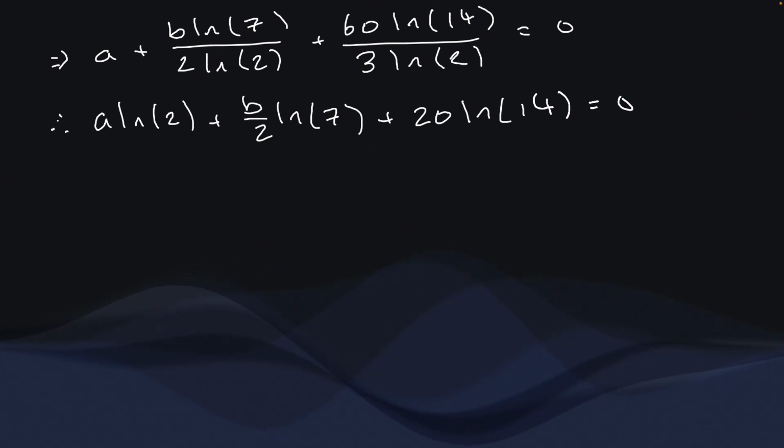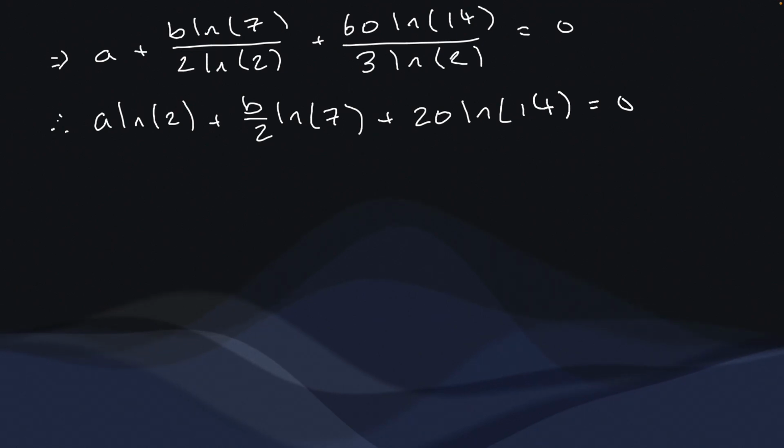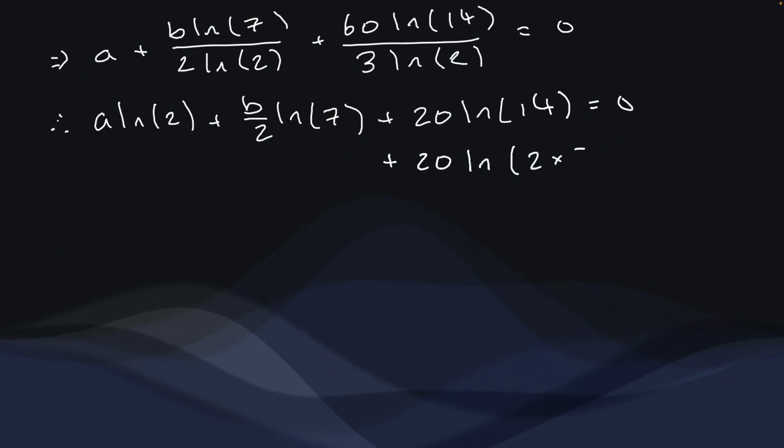So therefore what we can now do is, well, we want everything in our lns to be the same, right? That makes things easy for us, because again, mathematicians are lazy. And what is ln 14? Well, that's the same as saying plus 20 ln of 2 times 7, right?